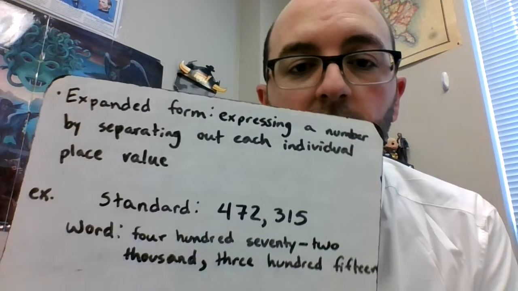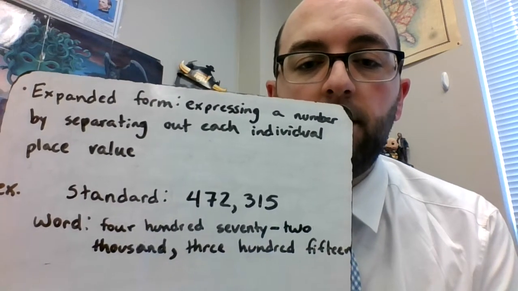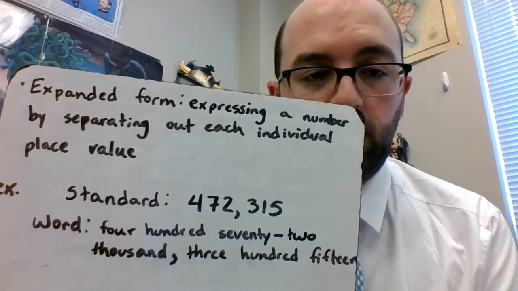And then just like in standard form, there's a comma, so we're going to put a comma. And then our last part is 315. Okay, so that's what that would look like: 470-2,000, comma, 315. So that's standard form in word form.